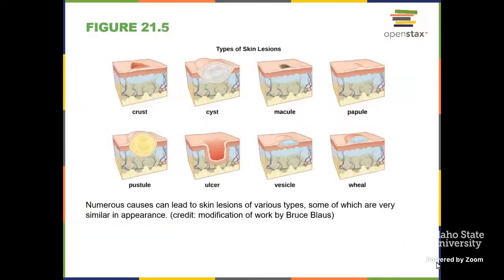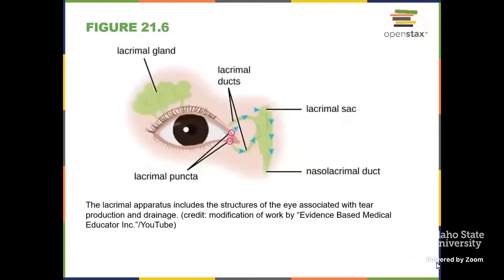I think that's coming up shortly. So these different types of lesions, from crusts, kind of scab-like as we look at this, to ulcers and vesicles, all sorts of different potentials, and again, dependent upon where we are at specifically within the layers of the skin that we may be seeing some of these respective lesions. And we'll see some of that as we progress through here.